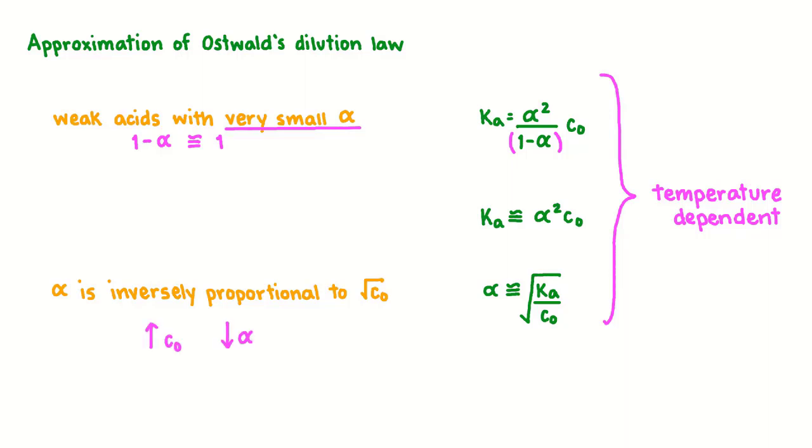This means that as the initial concentration of acid increases, the degree of dissociation will decrease and vice versa. So if we dilute a solution, that is, we add more solvent and decrease the concentration, the proportion of molecules that dissociate will increase.